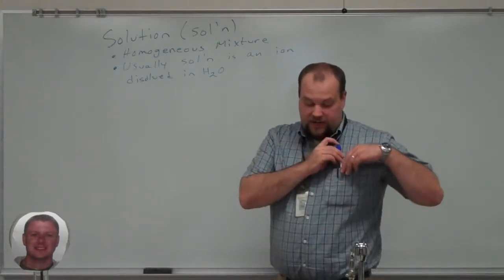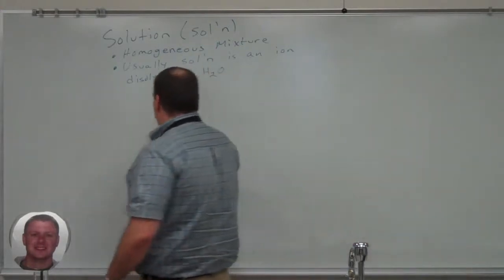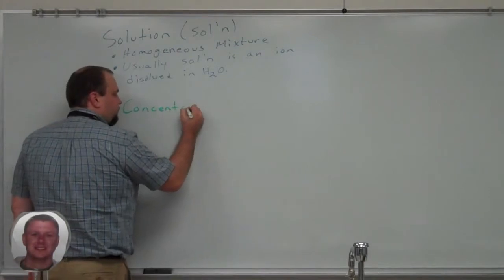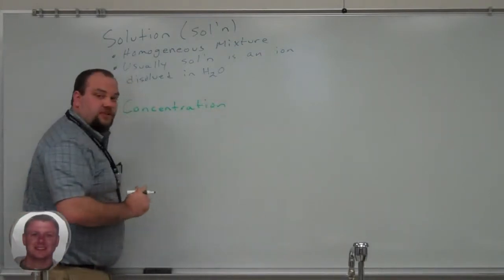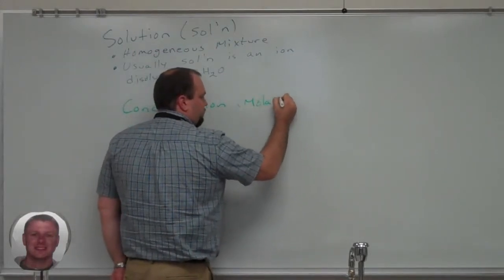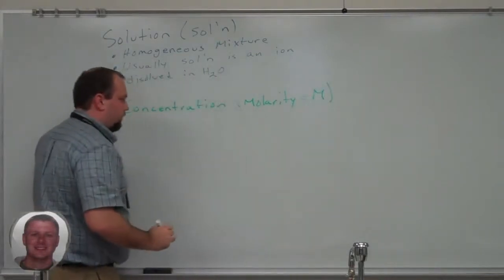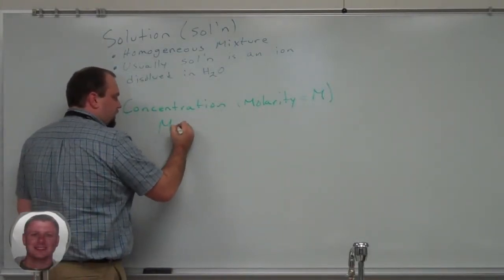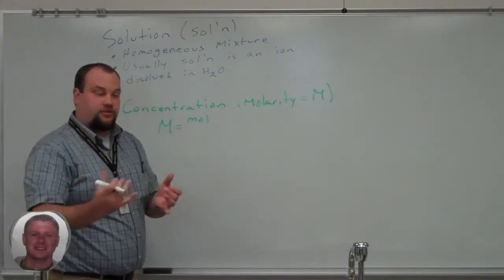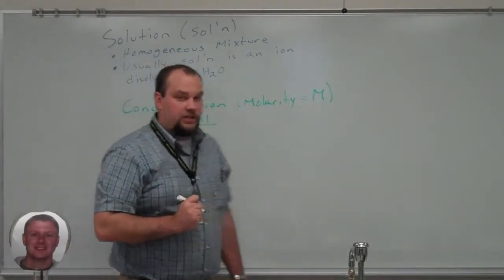Let's talk about a little bit of the math, and the math is fairly simple in solutions. First off, concentration. The concentration of a solution is measured in what's called molarity, and molarity is abbreviated capital M. Molarity equals the number of moles of my solute, or the ion I'm dissolving, divided by the total solution in liters.